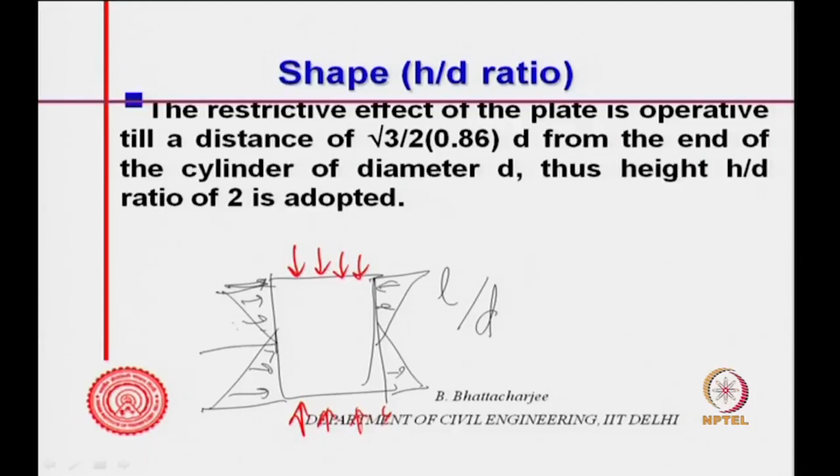Now, how much is this distance? This distance is related to d. It has been observed that it is up to about 0.86 d, the cylinder diameter.